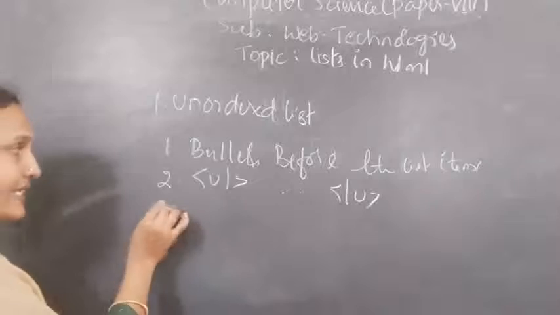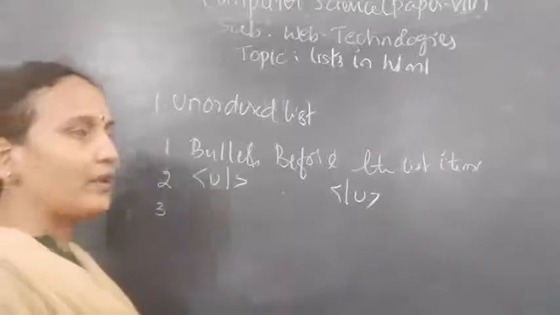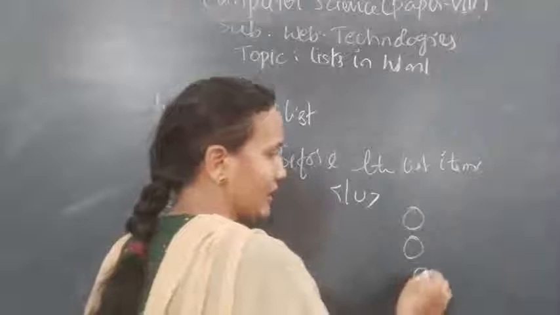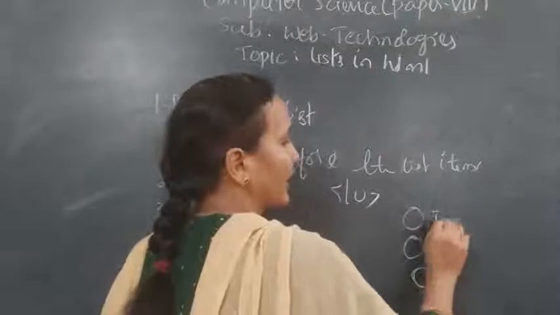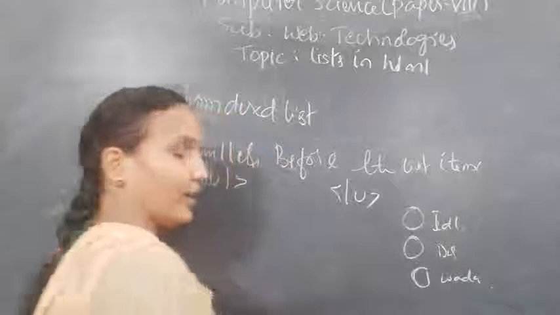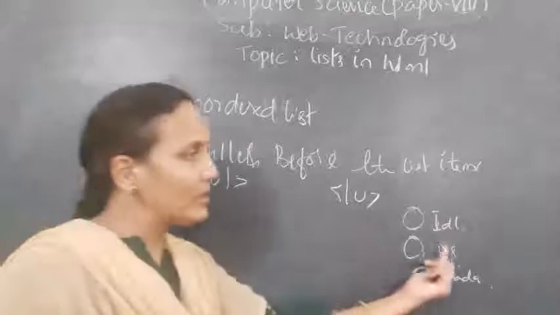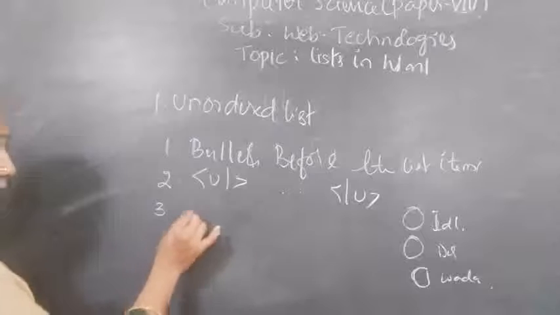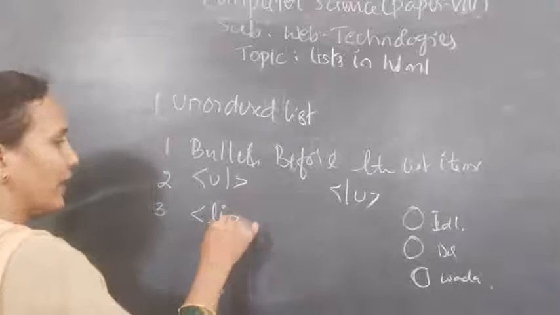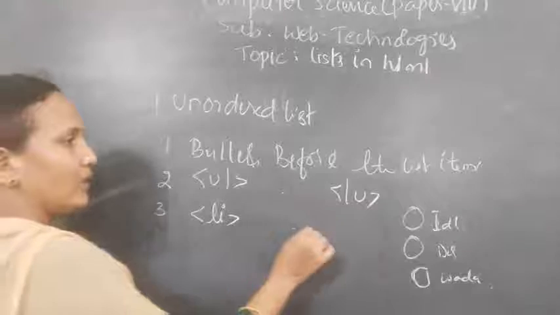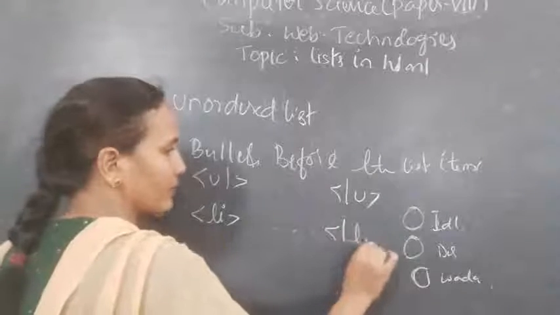Now, each list item. For example, if you want to create a list like this with symbols, circles, for example idli, dosa, vada, this type of menu, right? So here, these three are called list items. Each list item is preceded with li, and li must be closed.